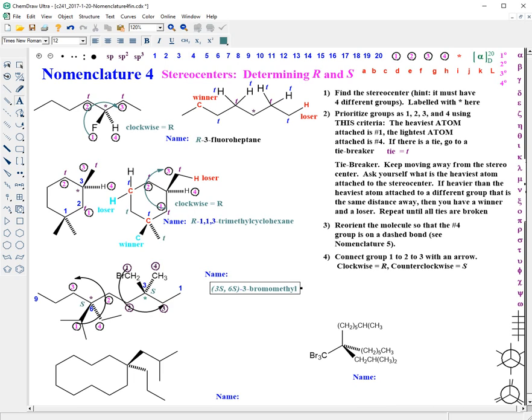We have ethyl listed next on 6. We have isopropyl listed next on 6. We have methyl listed last on 3. Groups going alphabetically.